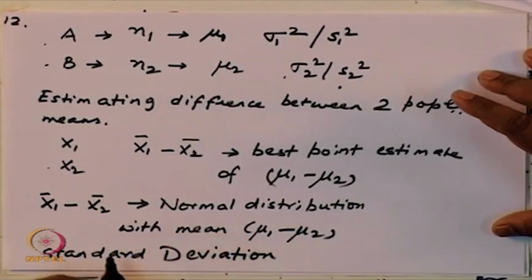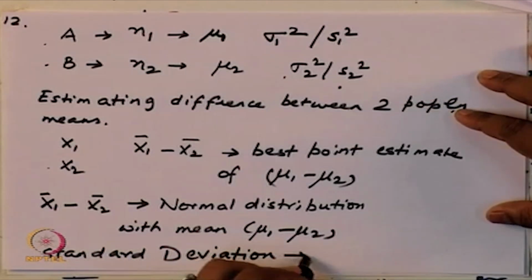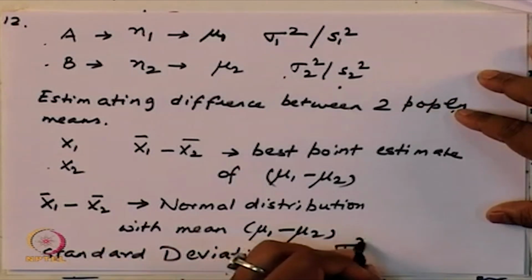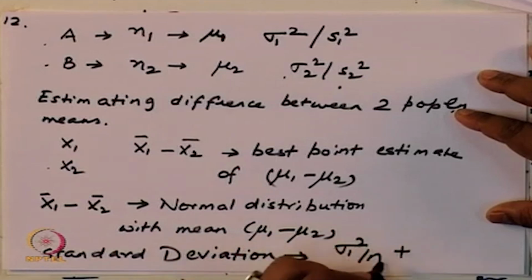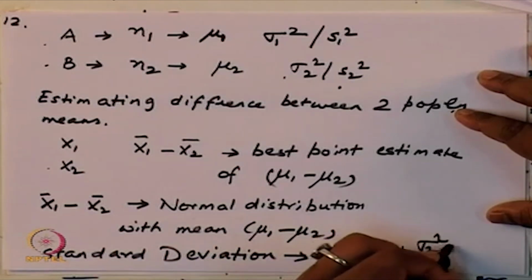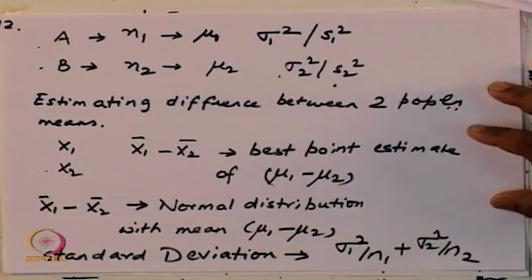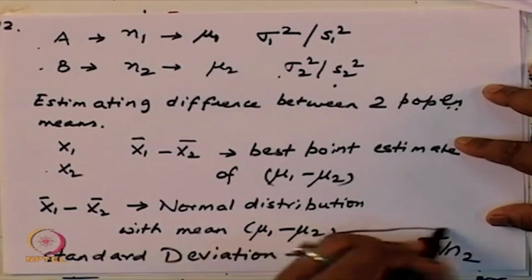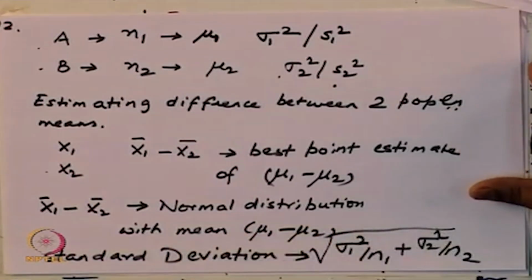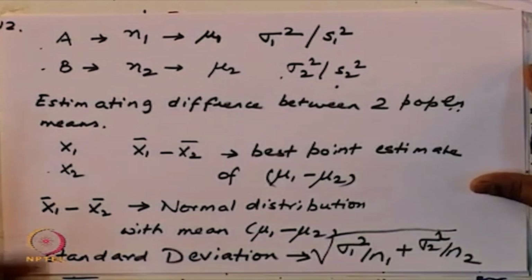The variance has to be sigma 1 square by n1 plus sigma 2 square by n2. This is a variance, so the standard deviation will be the square root of this.